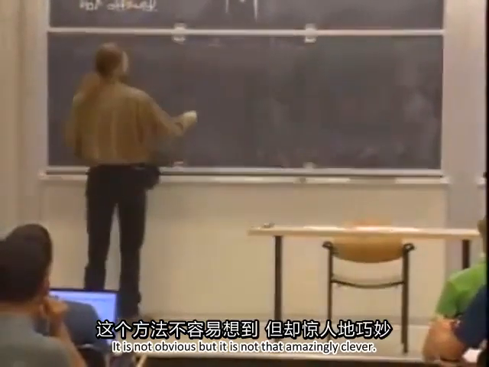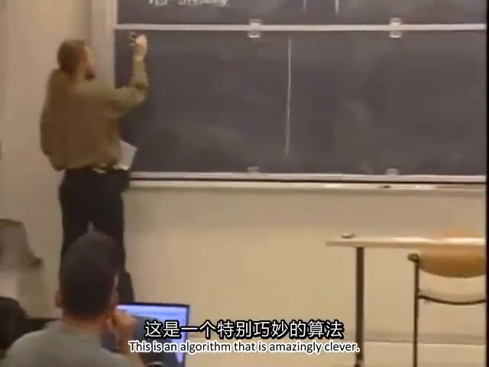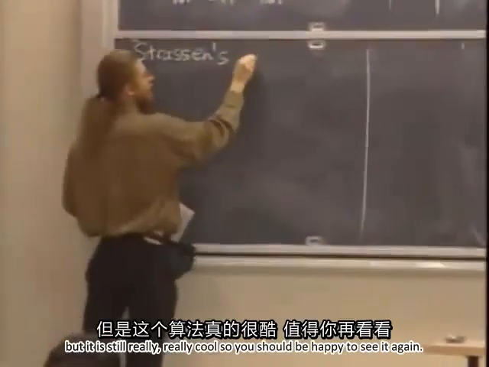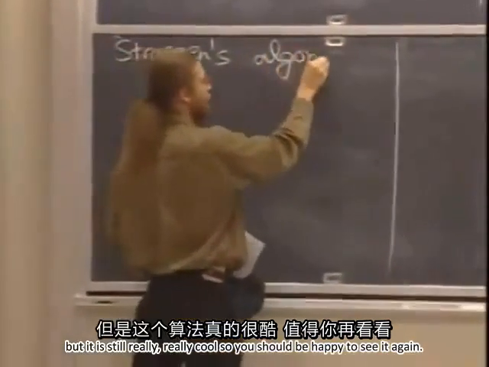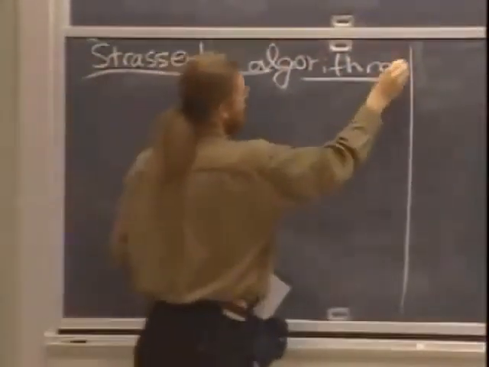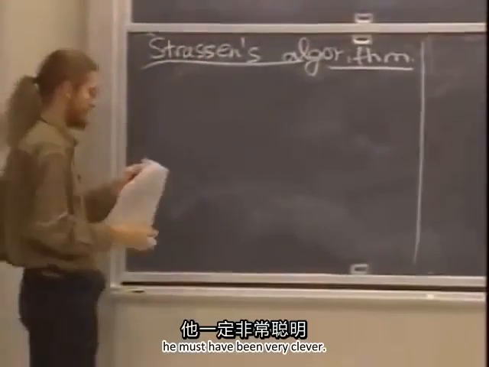It's not obvious, but not that amazingly clever. This is an algorithm that is amazingly clever. You may have seen it before, which steals the thunder a little bit. But it's still really, really cool. So you should be happy to see it again. How Strassen came up with this algorithm, he must have been very clever.